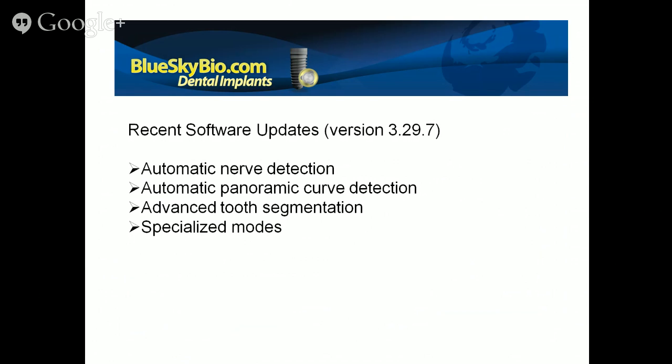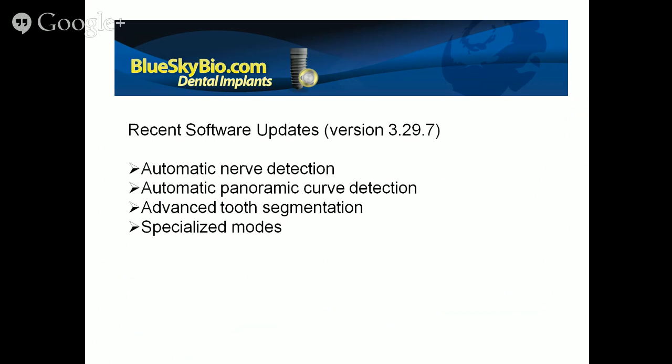Our most recent updates include automatic nerve detection. With one click, the software will mark and draw your nerve. We also have an automatic panoramic curve detection. When you load the case, the software will automatically draw an accurate and intelligent panoramic curve for both jaws. You're able to modify it if you like and save it in the software.